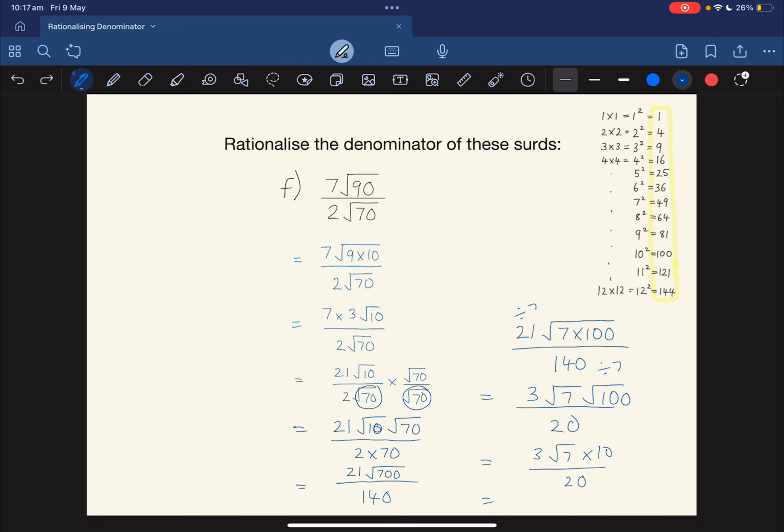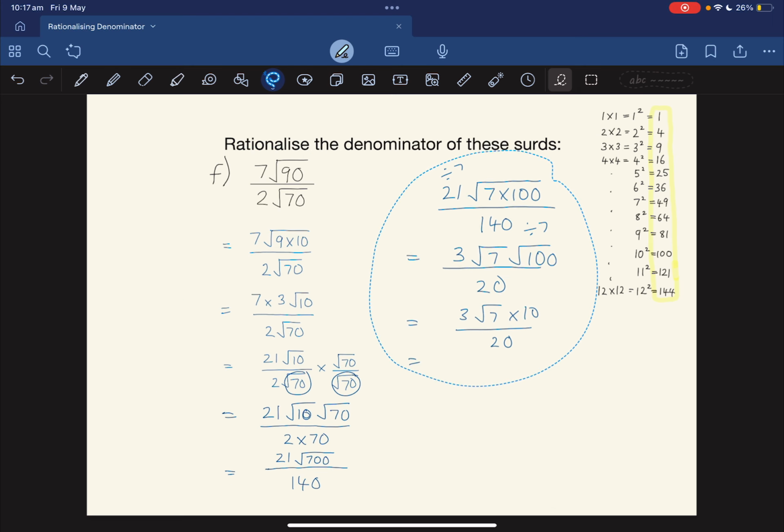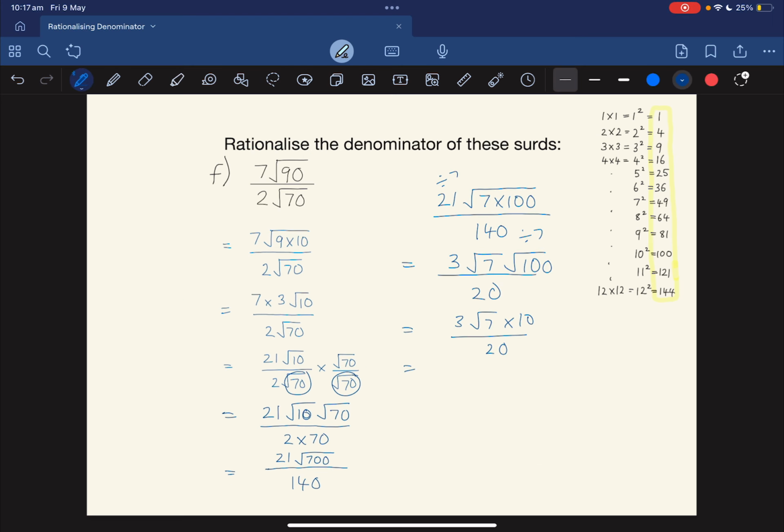Oh, running out of space. All good, just a grown woman chucking a tantrum. Okay, 30 root 7 on 20. Getting there. We can divide by 10 on the top and bottom and we're left with 3 root 7 on 2 as our answer.